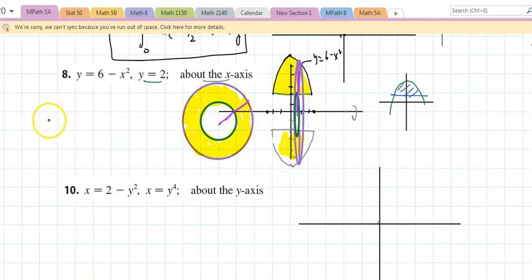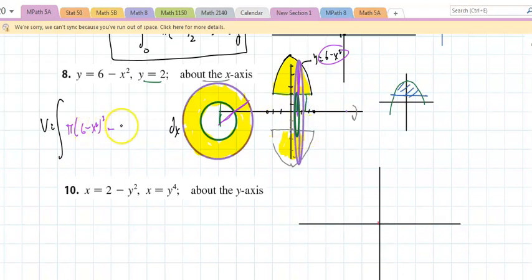So volume will be the integral. We're doing this with respect to x because we picked it vertical. It's going to be pi times the first, isn't the first radius 6 minus x squared, minus, and do we agree that this inner radius, this hollow part, is actually top minus bottom again?